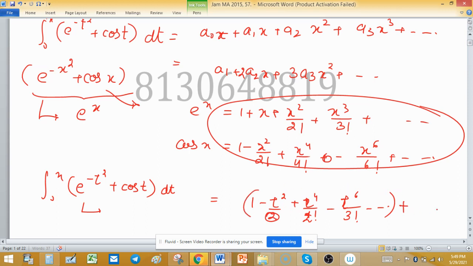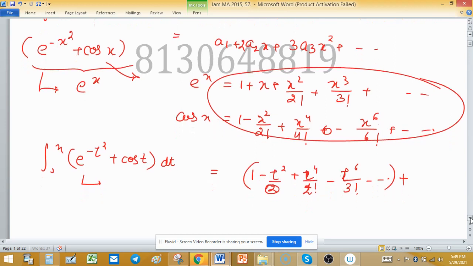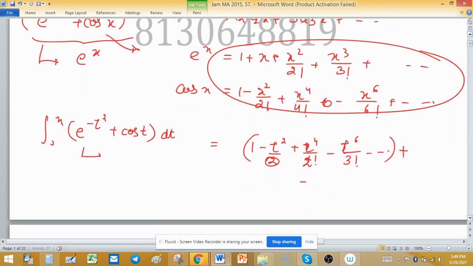There is no need to write the expansion of cos, because we know the integral of cos directly. Otherwise you can use the expansion.